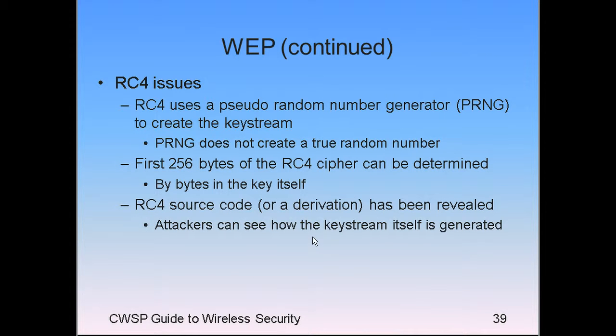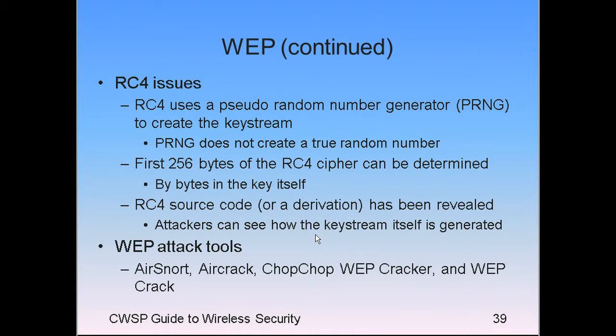The attackers can see how the key stream itself is generated, which becomes not a very good thing for us. Attack tools: AirSnort, AirCrack, chop, WebCracker, WepCrack. A number of different tools, and a number of videos on YouTube on how to crack WEP.